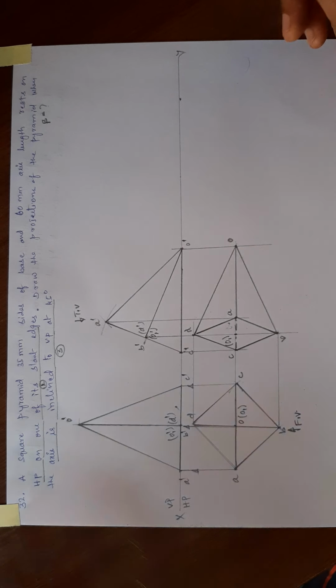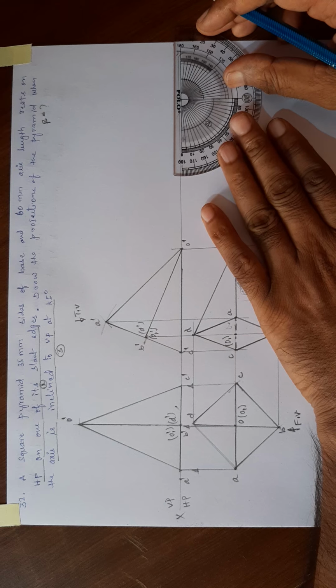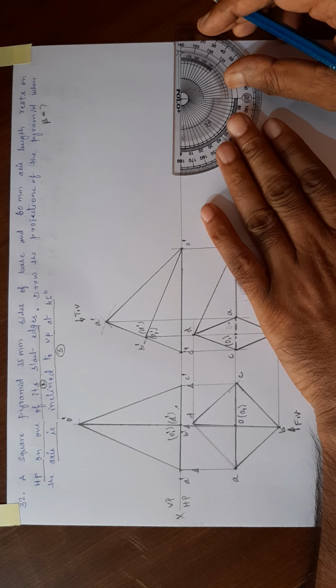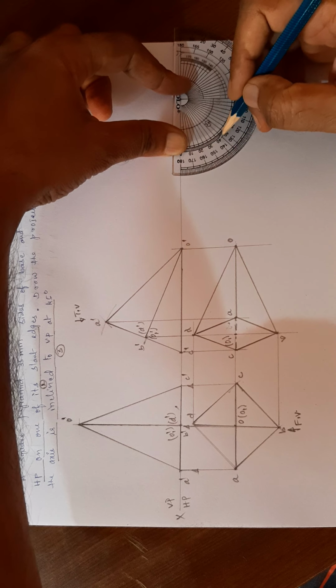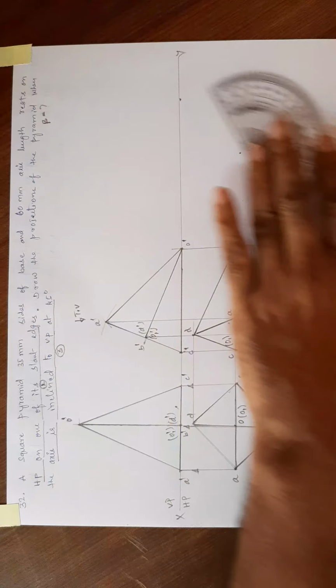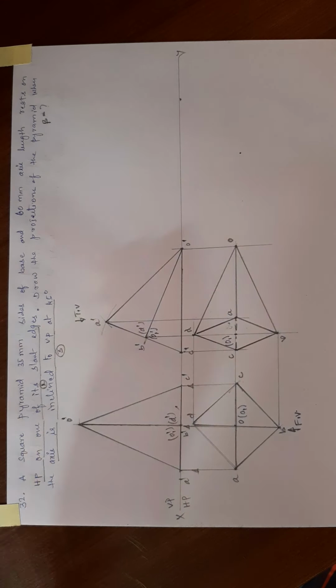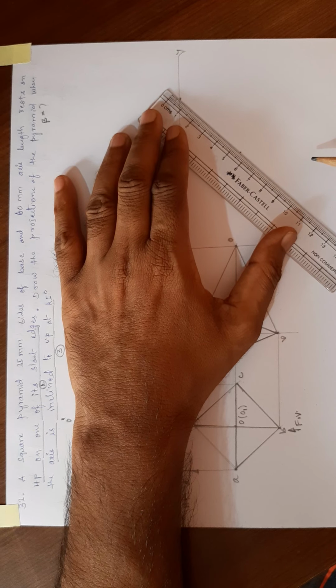Okay, draw. So keep the protector on that point, any point on the XY line. Okay, so measure 45 degree in anti-clockwise direction. Now this is 40 and this is 45. So draw, join those two points.